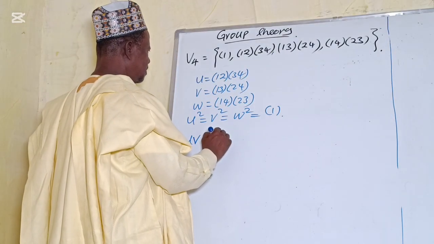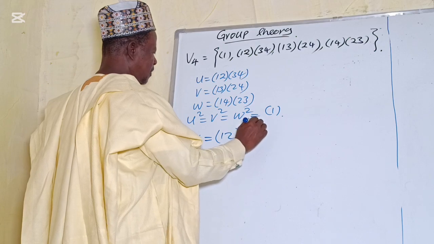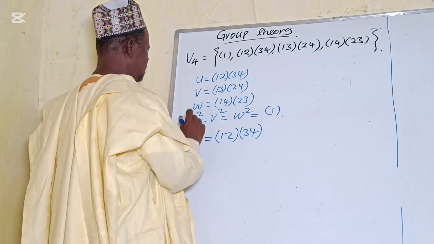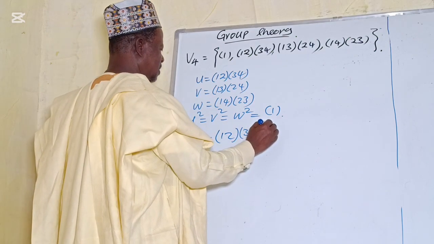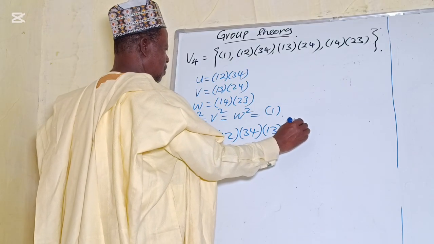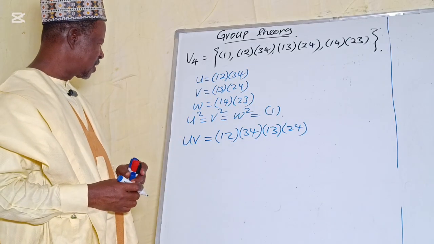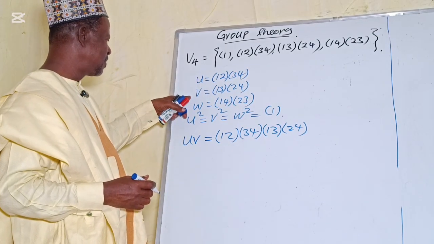UV is going to be (1 2)(3 4) times (1 3)(2 4).